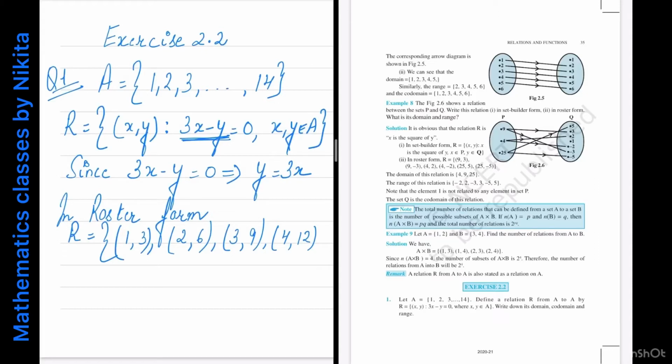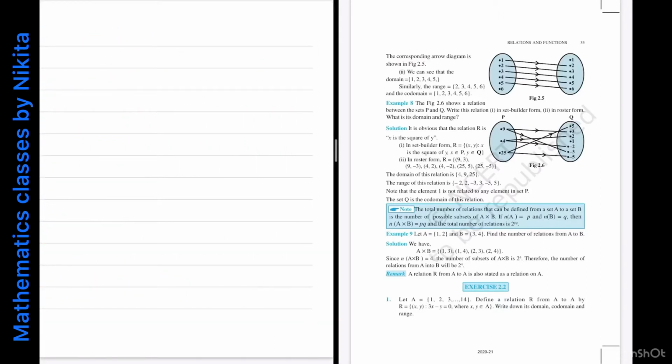But 15 does not belong to A, and it is given that both x and y are coming from A. So therefore I will stop here. You can just note that if x = 5, then y = 15, which does not belong to A. So I stop here, and from here only I will write the domain, the range and the codomain.